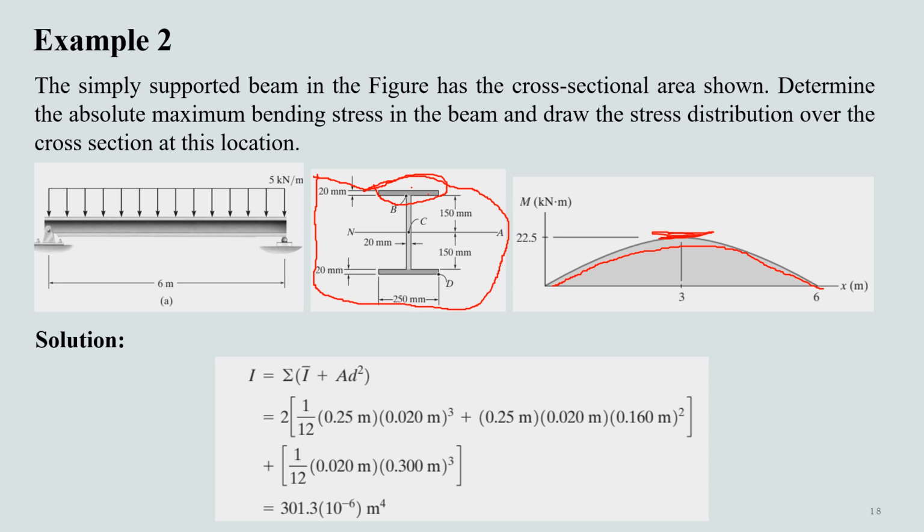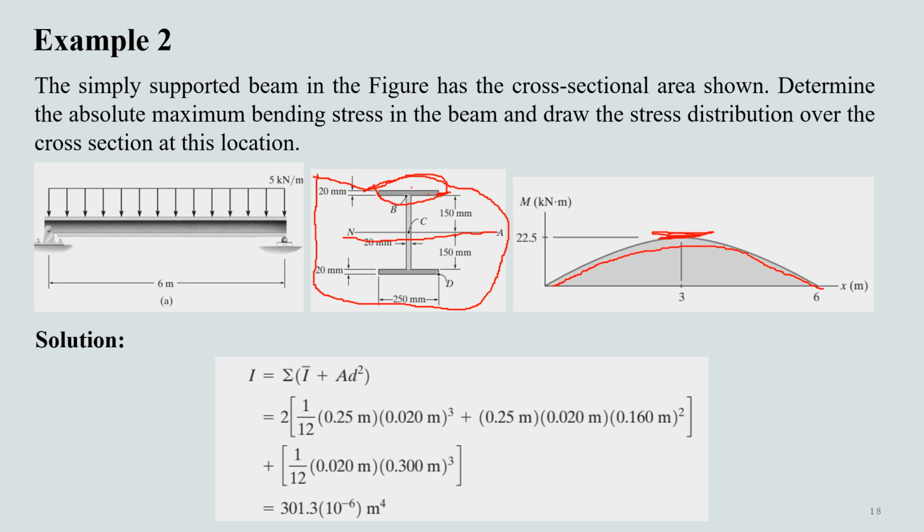Then you need to transfer this to the centroid of this cross section, plus A d squared. That means you have to multiply the area of this rectangle with the distance between the centroid of this rectangle and the centroid of this whole section, which is at a distance of 150 mm here.